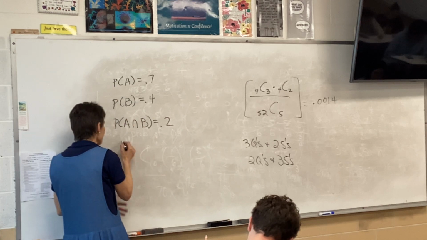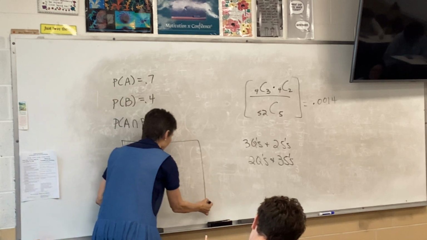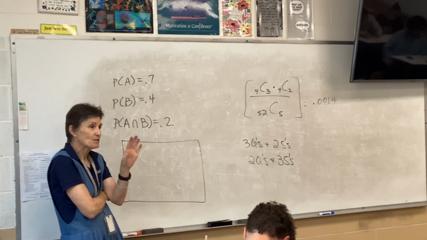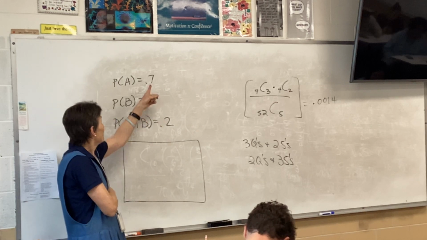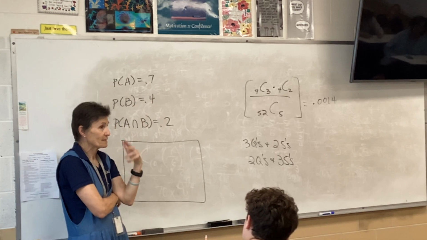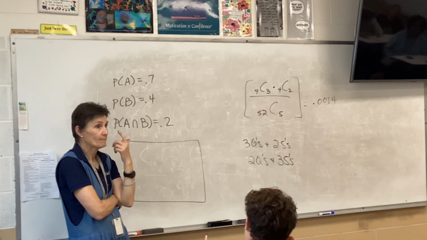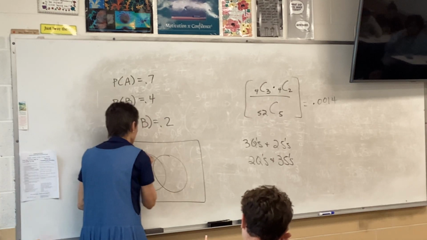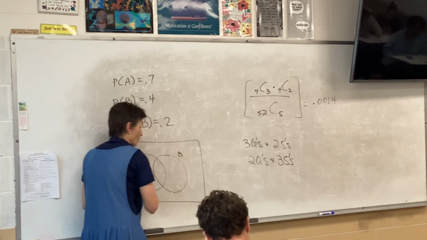Now, it tells me in the directions to use a Venn diagram, and that makes sense, because the minute they told me that A was 0.7 and B was 0.4, somewhere there's going to be some overlap, right? So here's my A, here's my B, here we go.